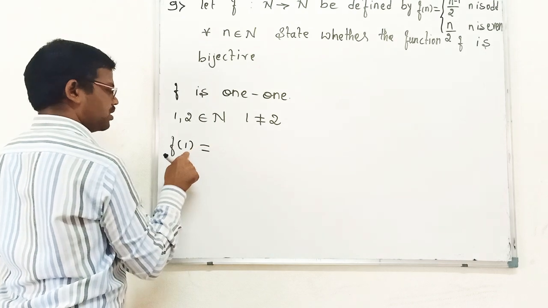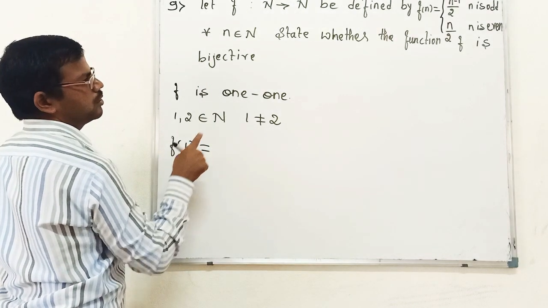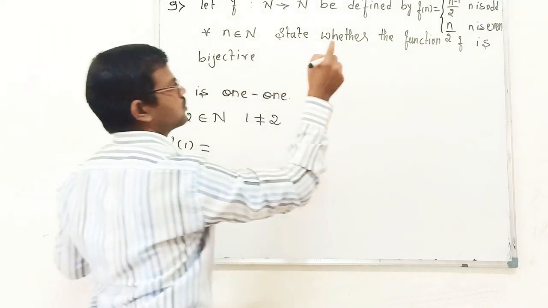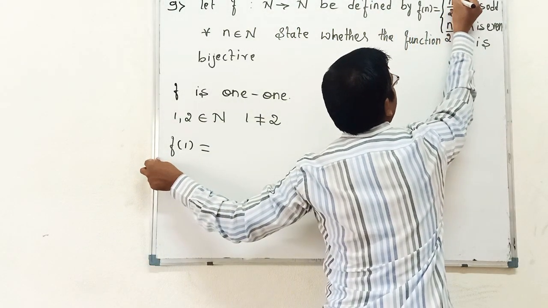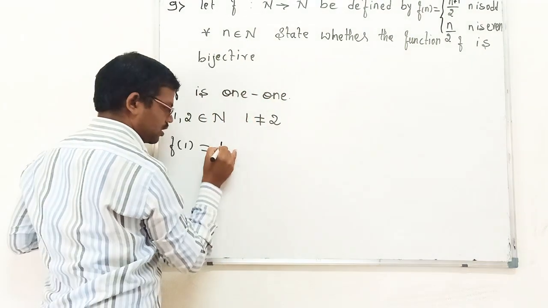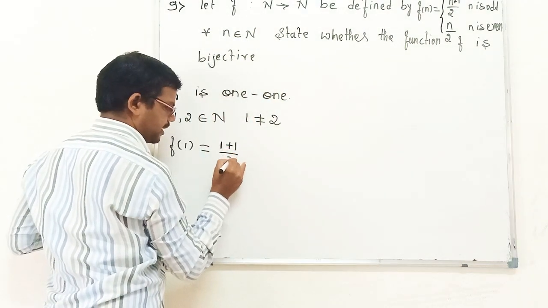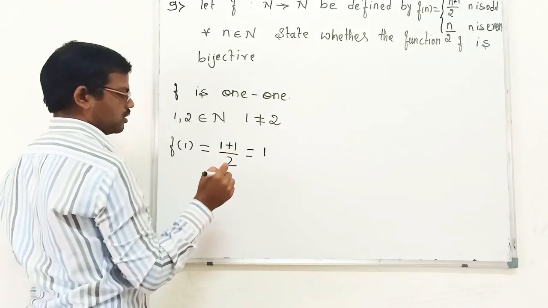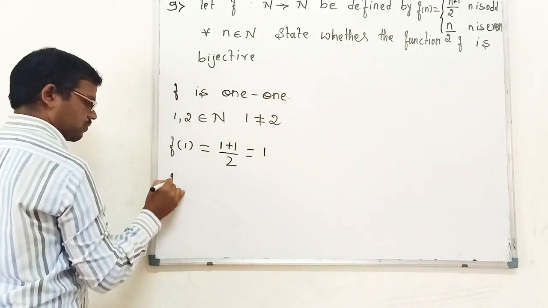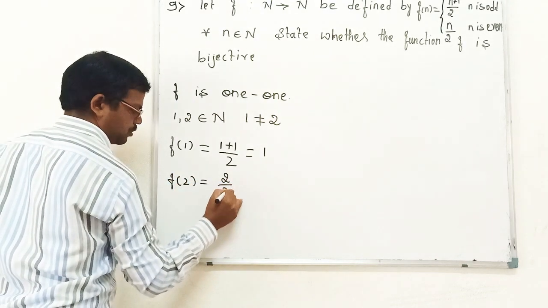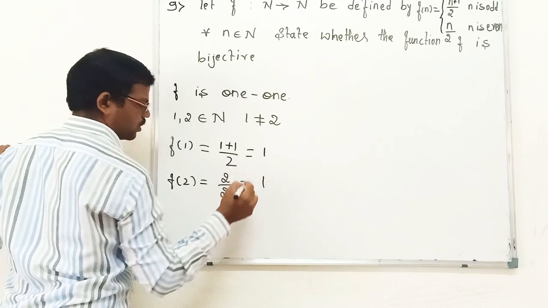f(1): 1 is an odd number, so we use (n + 1)/2, sorry, this is plus. So that is (1 + 1)/2, and 2 divided by 2 becomes 1. Now f(2): 2 is an even number, so 2 by 2, that is equal to 1.